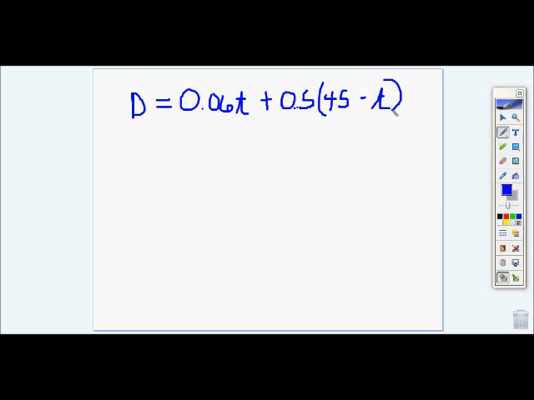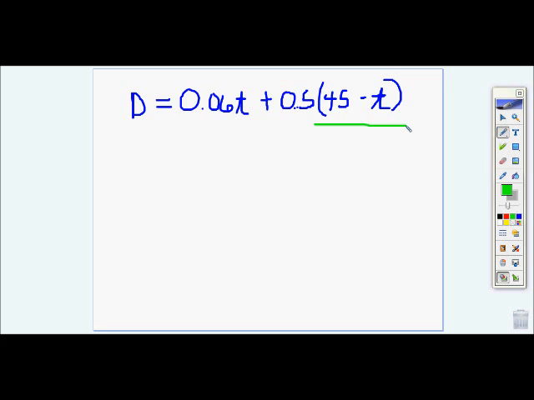Now you should be able to follow this a little easier when I read it. So that it takes you 45 minutes to get to school. You spend t minutes walking to the bus. So this is this part of the expression here. Okay. And the rest of the time riding the bus.